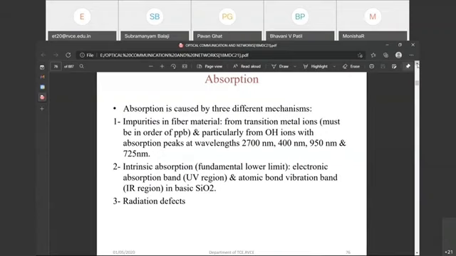The second is intrinsic absorption, that is electronic absorption by virtue of the material itself. All three are because of the material. One is by the impurities added to the material, the second is by the material itself, which can absorb some energy, and the third is radiation defects.